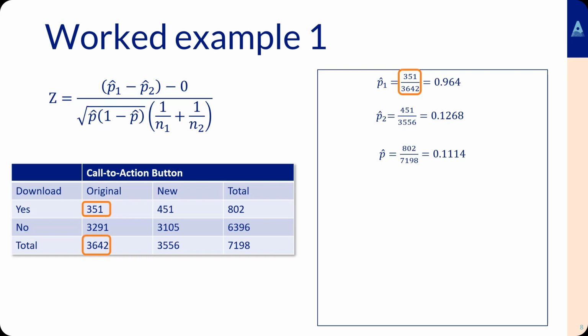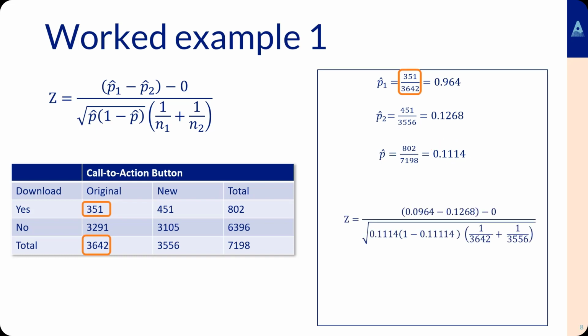So we feed those figures into the calculation. 0.0964 minus 0.1268 over the square root of the total population proportion, multiplied by 1 minus the proportion, and then multiplied by 1 over n1 plus 1 over n2, and that gives us a simple z-score of minus 4.10.